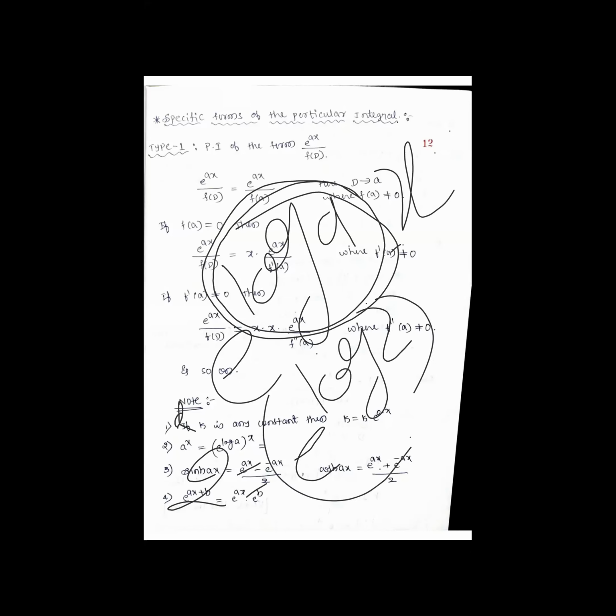So for example, if 2 raised to x is there, I can write e raised to log of 2 raised to x, that is nothing but e raised to log of 2 into x. This cancels, and 2 raised to x remains as it is. So please try to understand these adjustments.